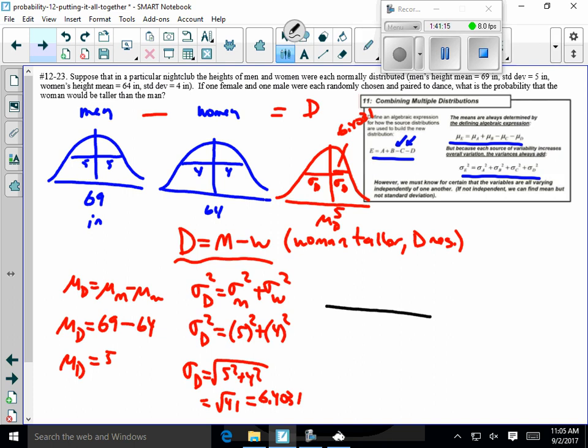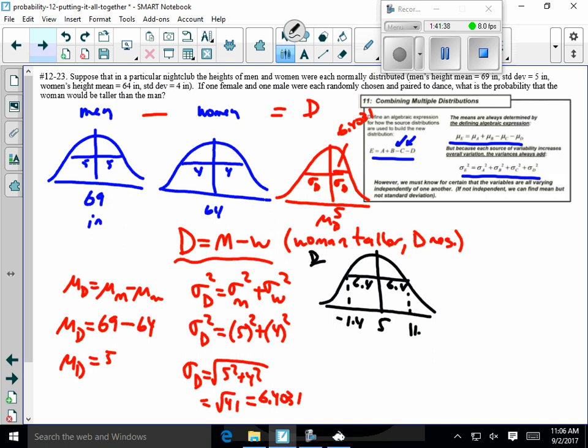Okay, now I'm going to switch to the probability problem. Now I know that for the difference, we have something which is centered at a difference of 5 inches with a standard deviation of approximately 6.4 inches. So plus 1 standard deviation would be around 11.4, and minus 1 would be around negative 1.4.